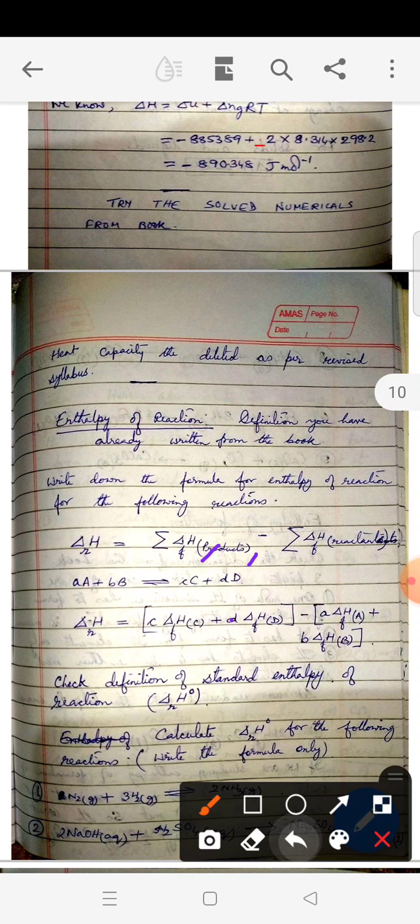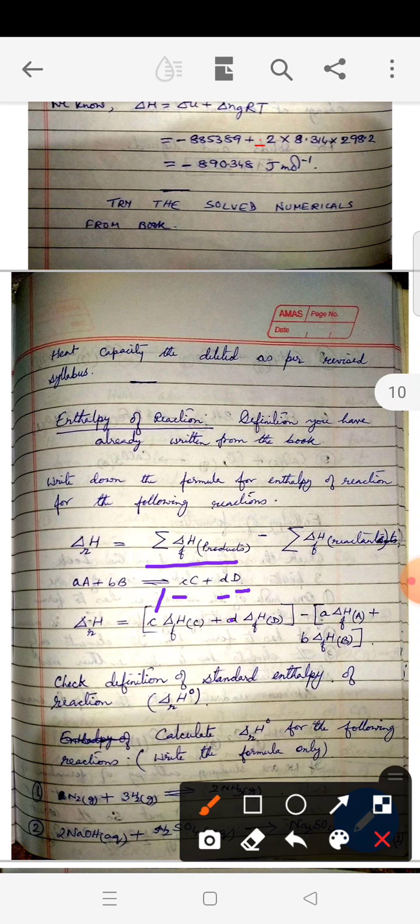So here my products are C and D and the reactants are A and B. As per the formula of delta HR, you have to add up the enthalpy of formation of the products and subtract from it the enthalpy of formation of the reactants. But we have to take care of the stoichiometric coefficients. So here I assume that the coefficient of C is small c, and the coefficient of D is small d. So they need to be multiplied together with the enthalpies.